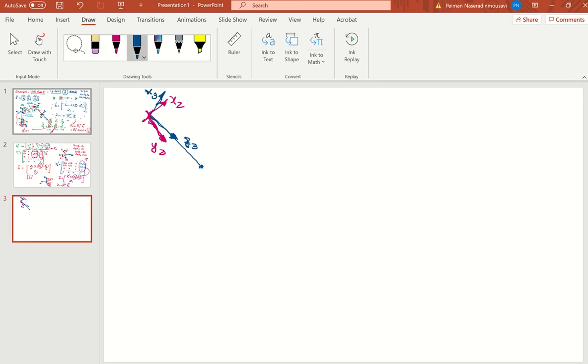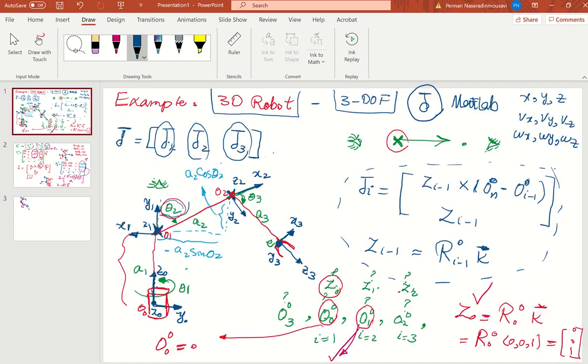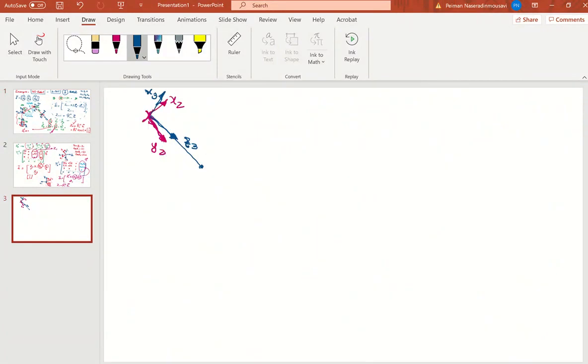Right? So obviously you see that the angle between them is theta 3. So this line is going to be theta 3, right? And if you continue this line, here is also going to be theta 3, right? So let me rewrite it because it's too vague.